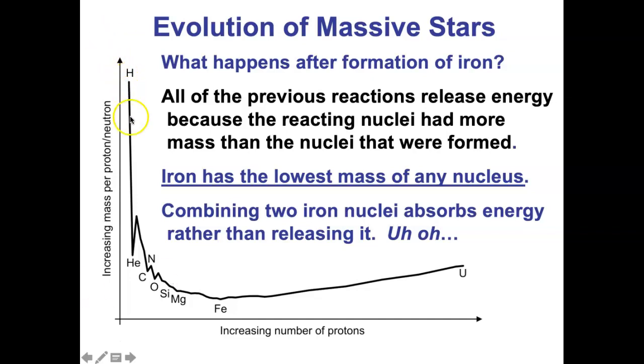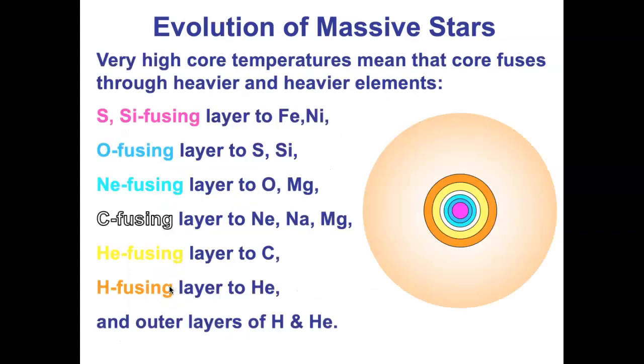There's a big drop from hydrogen into helium, but a very small drop from helium into carbon, then an even smaller drop from carbon into oxygen, and an even smaller drop from oxygen into silicon. When you take hydrogen and fuse it into helium, you don't have to burn as much hydrogen because you get more energy per reaction. And that's why these stars can live for millions and millions of years burning hydrogen.